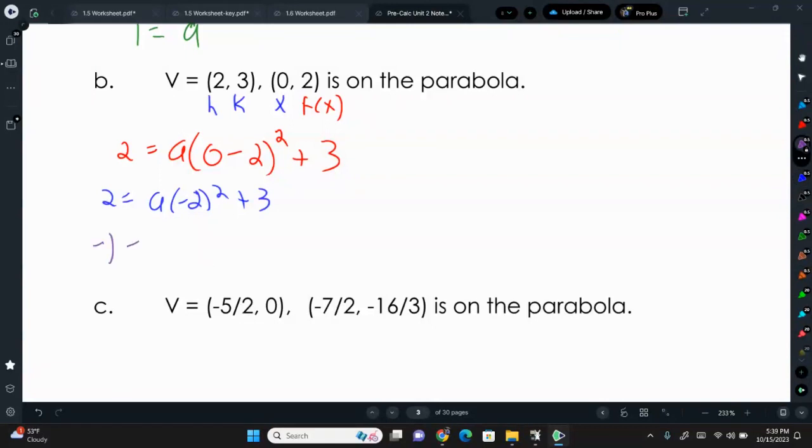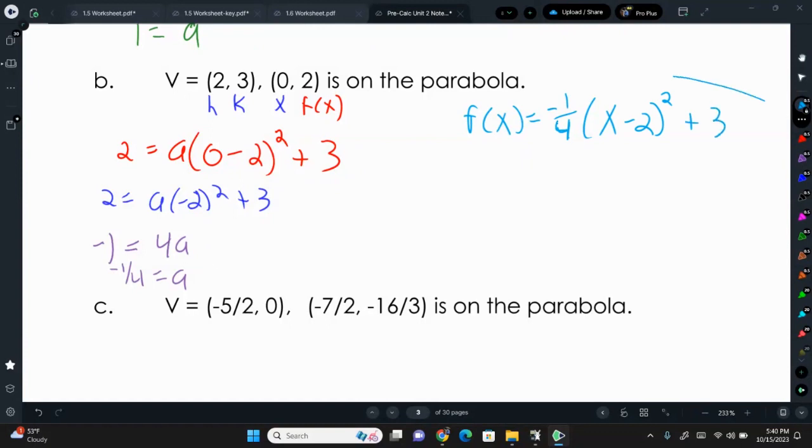We get negative 1 equals 4a, because negative 2 squared is 4. And we divide both sides by 4, negative 1/4 is equal to a. So then when we write our equation, f of x is equal to negative 1/4 times (x minus the h value, which was 2) squared, plus our k value of 3. So this would be our function.